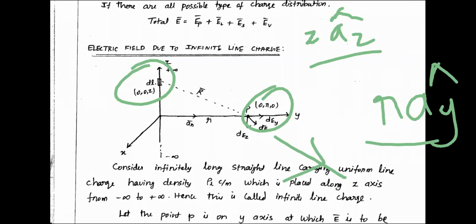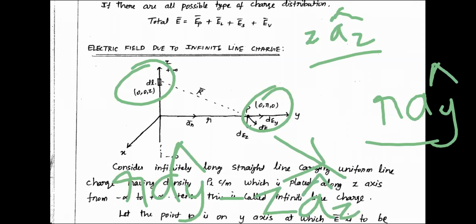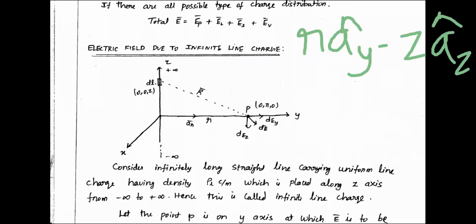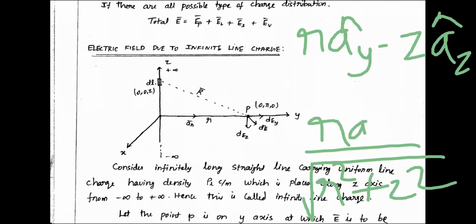Finally your vector direction is going in this way, so this minus this. So what is my vector value? r a y cap minus z a z cap. This is your vector direction, and again this will give you some magnitude. So what you have to calculate from this vector is the unit vector. Finally, what have I identified? My direction is r a y cap minus z a z cap. Once you take the magnitude, square root of r square plus z square, you can put the vector over it.